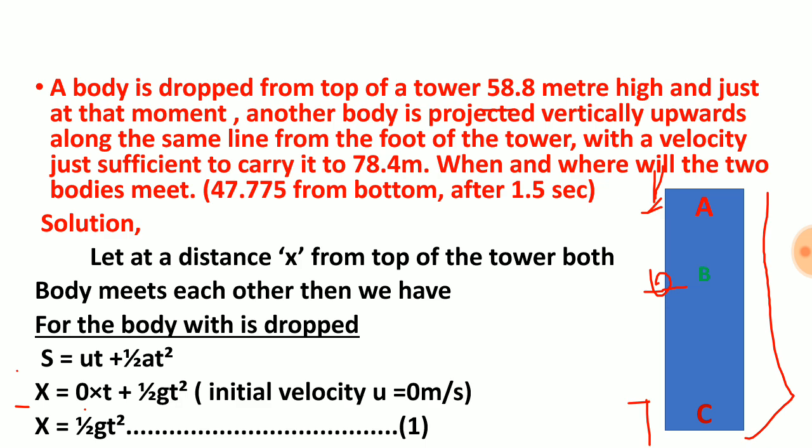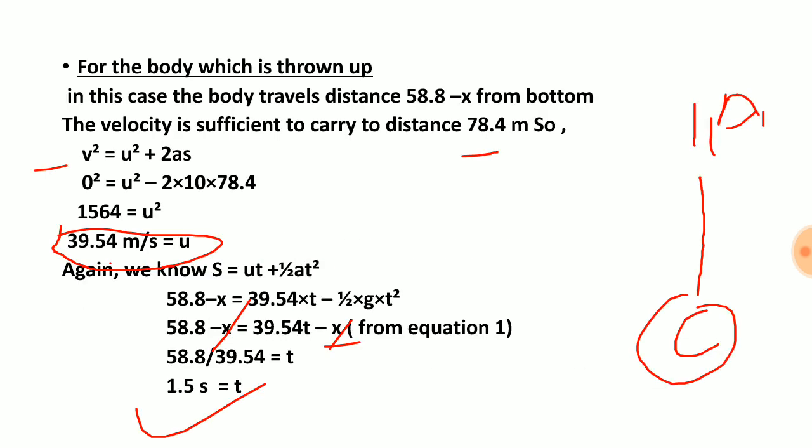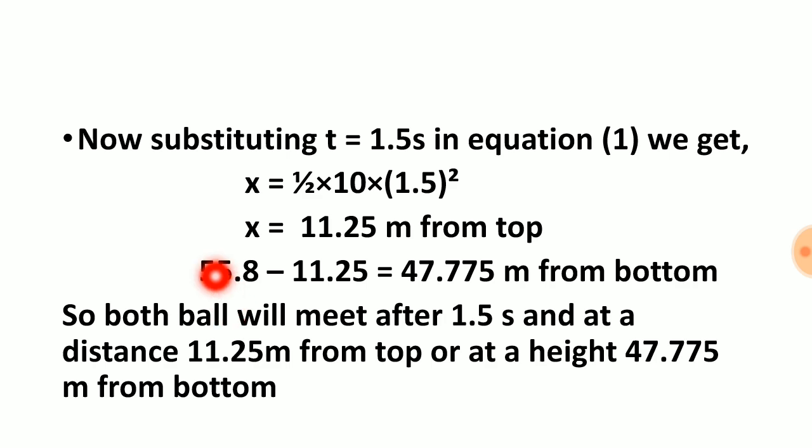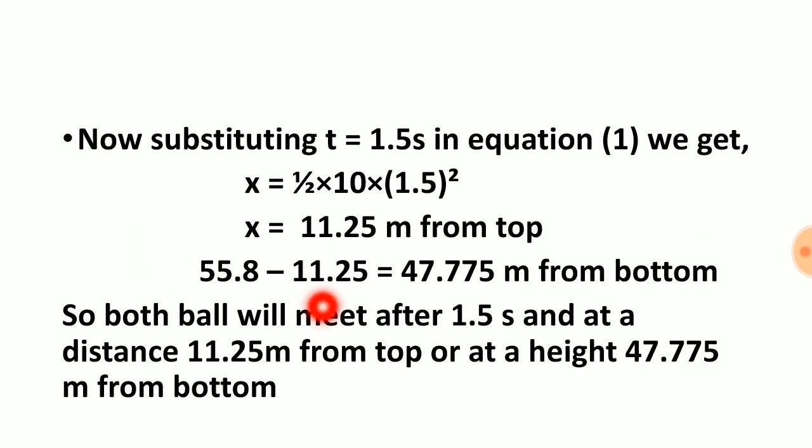Now using t is equal to 1.5 second in equation 1, we get the distance of AB. Substituting t is equal to 1.5 second in equation 1, we get x is equal to 11.25, that is 11.25 meter from the top, or 58.8 minus x, that is 47.775 meter from the bottom.